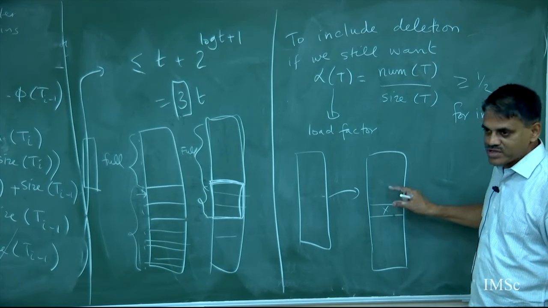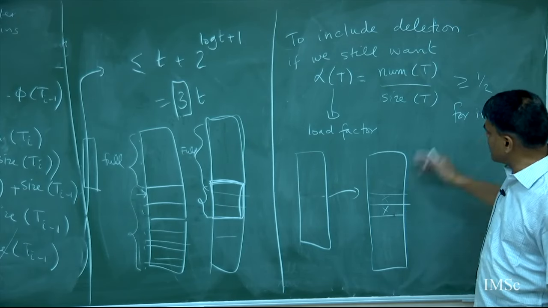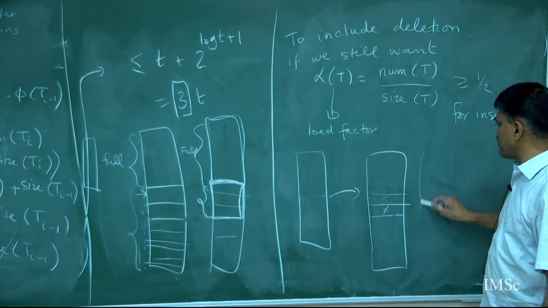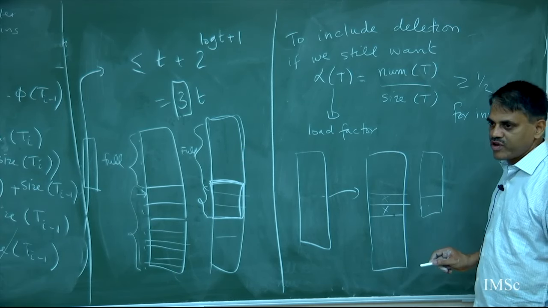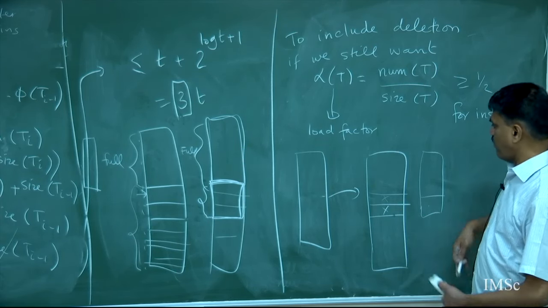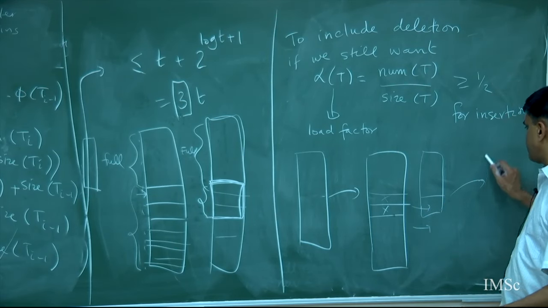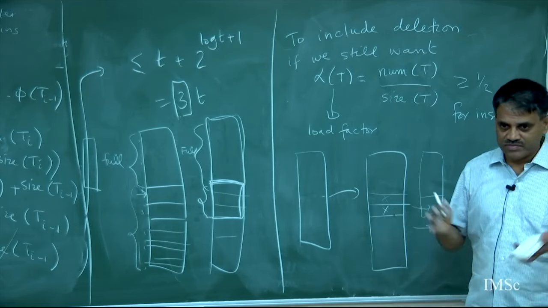Suppose I delete 2 elements. Once I delete this, your table is becoming less than half, so you're going to contract the table, which means maybe you will just get a table of size with only 1 entry free. And then you insert, and one more insert will let you contract. So every 2 operations will give you an expensive operation.